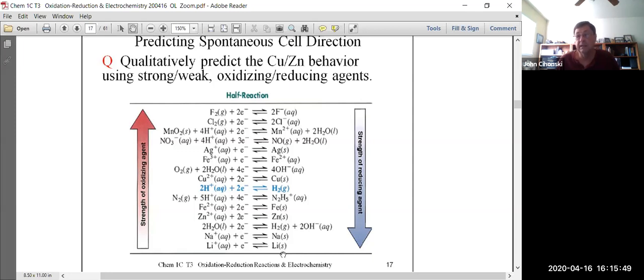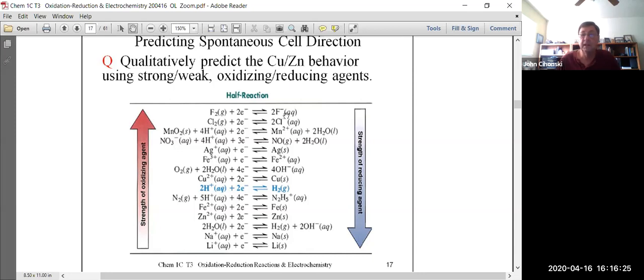Now, can it be done? Yes, but not under normal conditions, okay? So that means if we look at all these species that we say are oxidizing or potential oxidizing agents, we go from very, very weak to very, very strong. So the higher up on this side we are, the stronger the oxidizing agent.